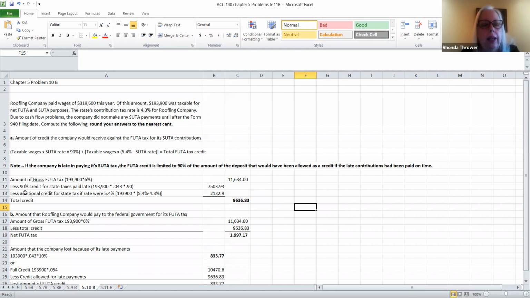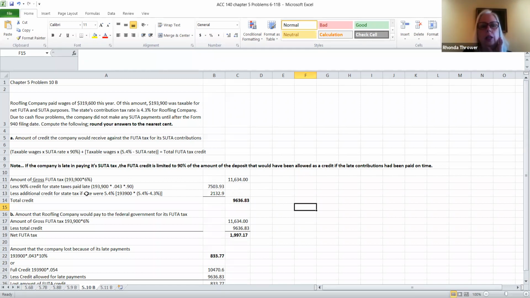So to calculate this, I start with the amount of the gross FUTA tax. The gross FUTA tax rate is 6%. So 193,900 of wages that were subject to the FUTA taxes times 6% will give you the gross amount of the FUTA tax.